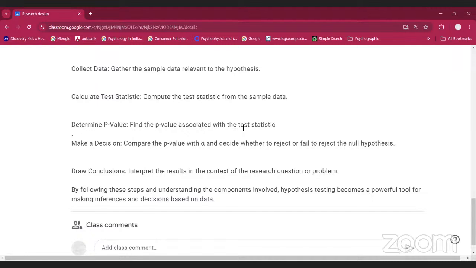For example, here is a school, and in this school students are learning by the lecture method. And when one teacher or administrator came and started teaching through the project method, then what will be?